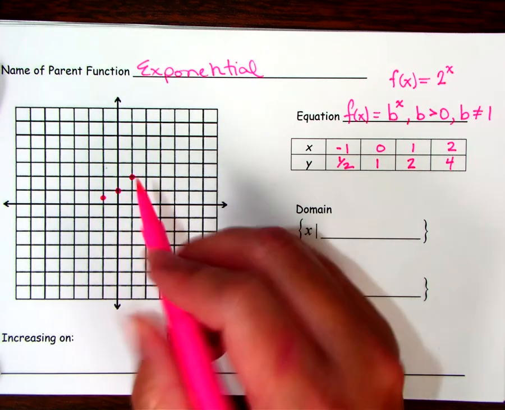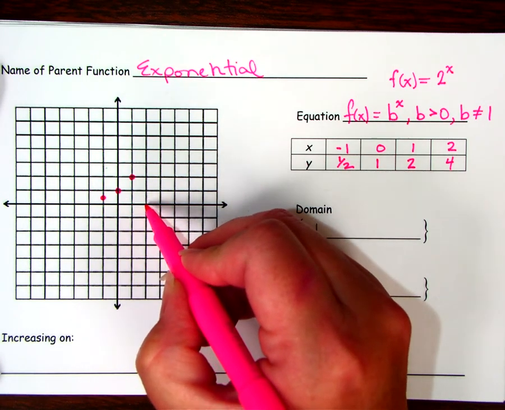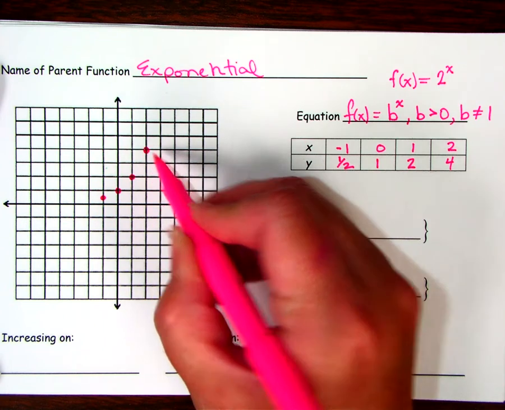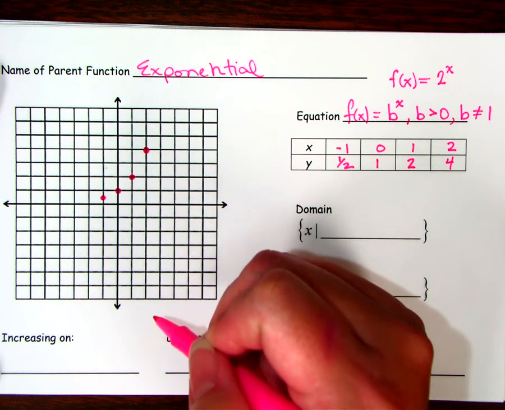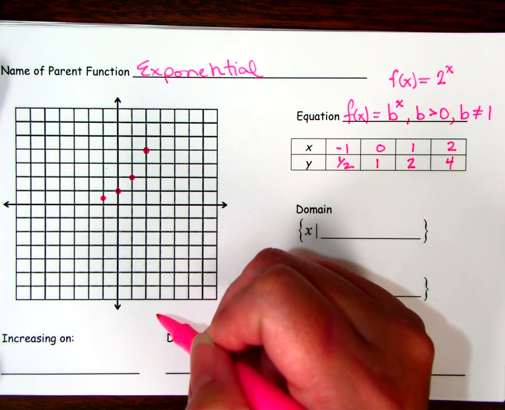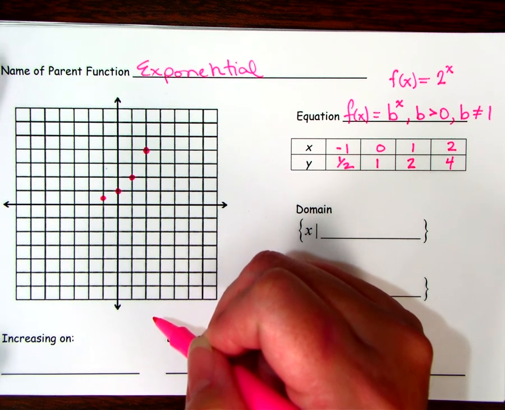And then 2, 4: go to the right 2 and up 4. So far it looks a little interesting, but I'm not convinced that I know what's going on here.